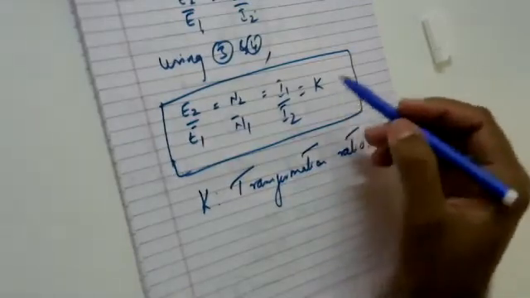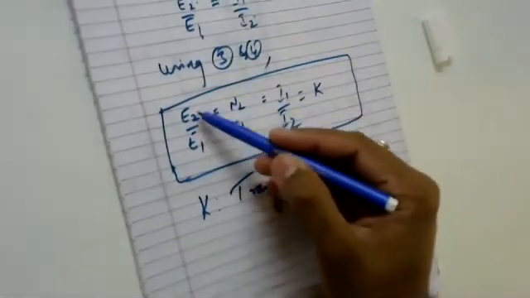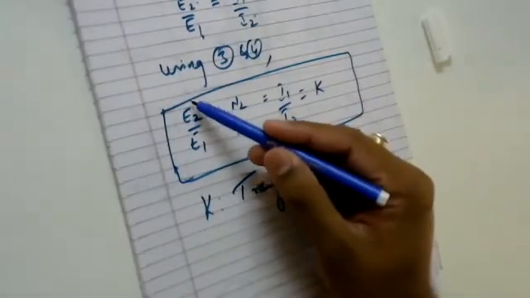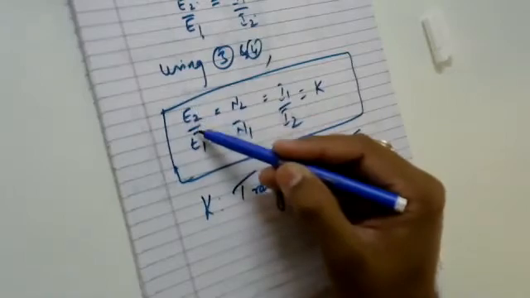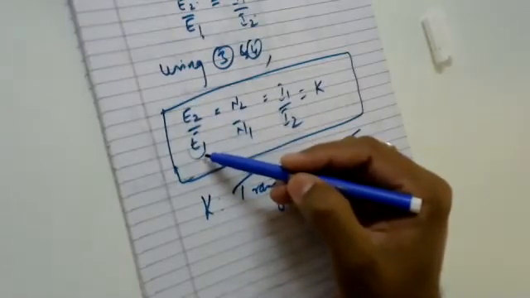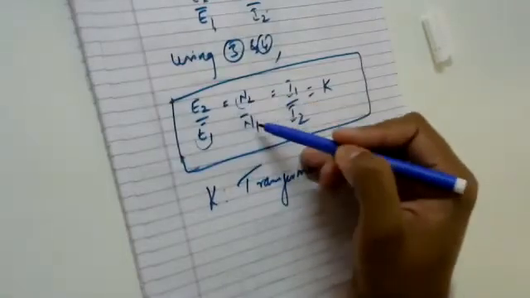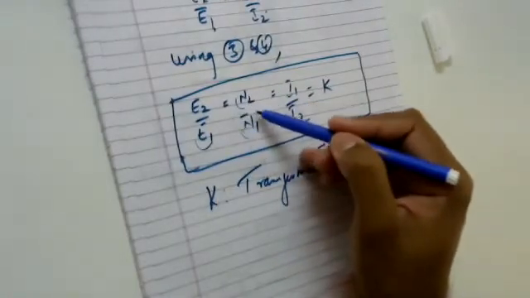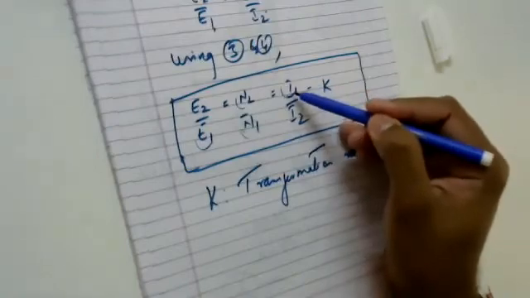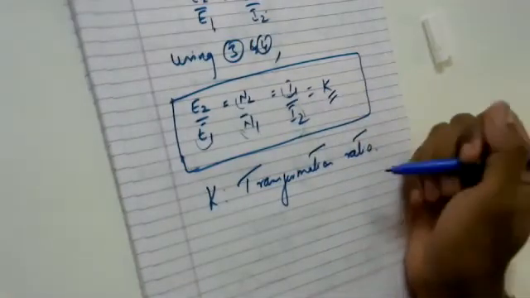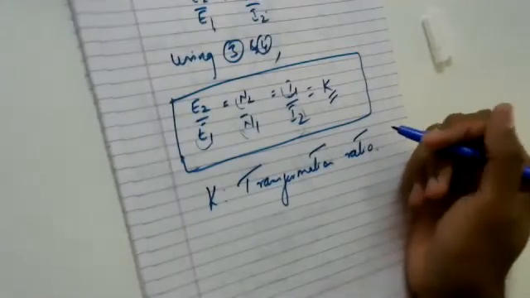So this is a ratio, and you need to understand that. E2 is the secondary induced EMF. E1 is the primary induced EMF. N2 is the number of turns on the secondary. N1 is the number of turns on the primary. I1 is the primary current, I2 is the secondary current, and K is called the transformation ratio.